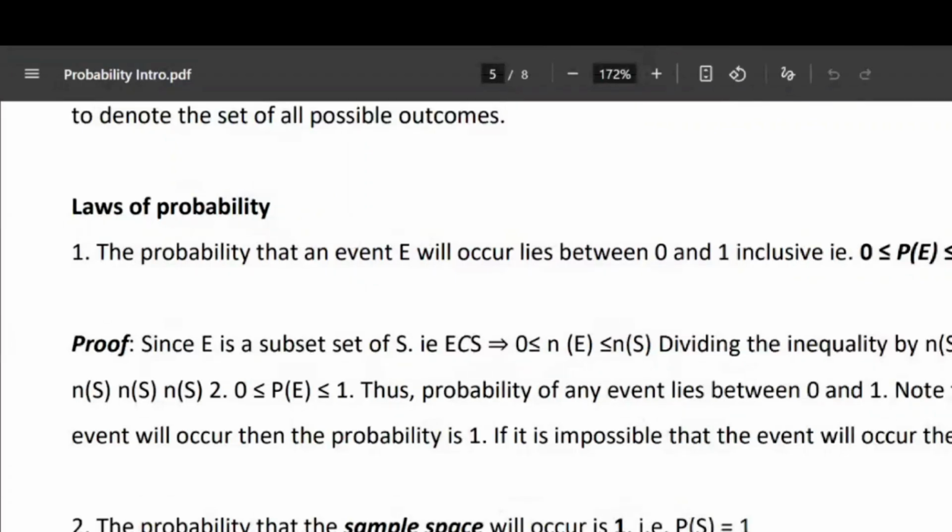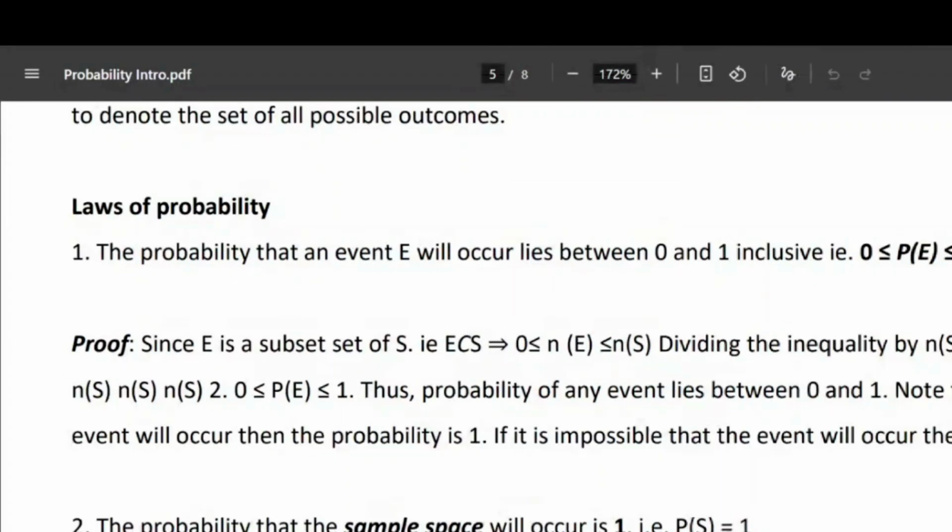So, what I was trying to say is that no probability is less than 0 and no probability is more than 1. When you calculate any probability, the lowest number you can get is 0 and the highest number you can get is 1. If you get a probability less than 0, mark yourself wrong in advance.